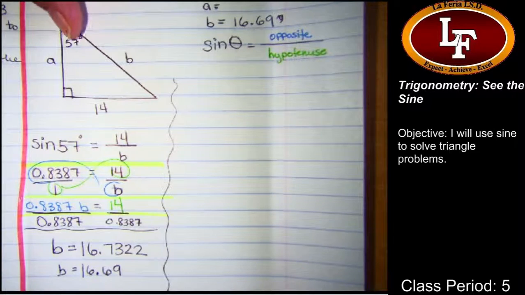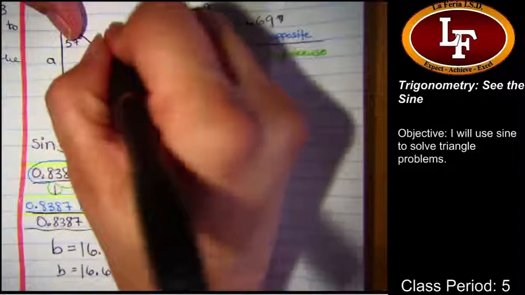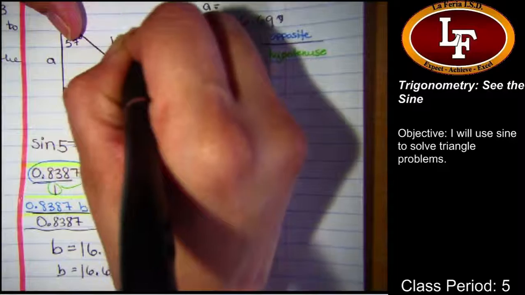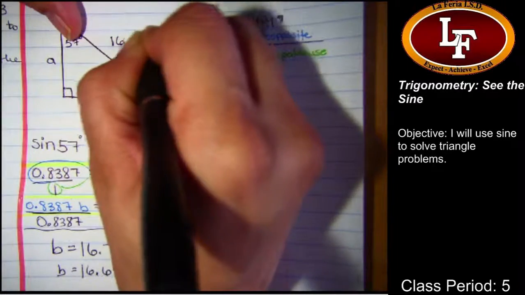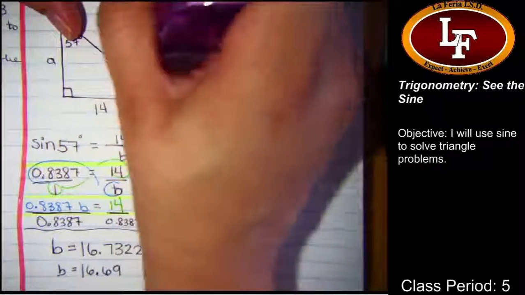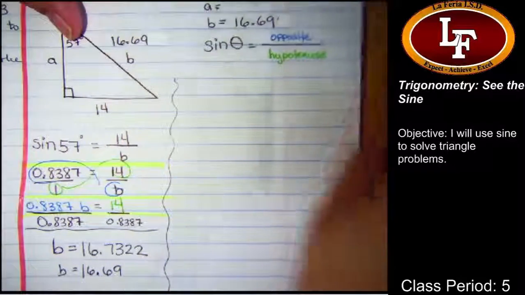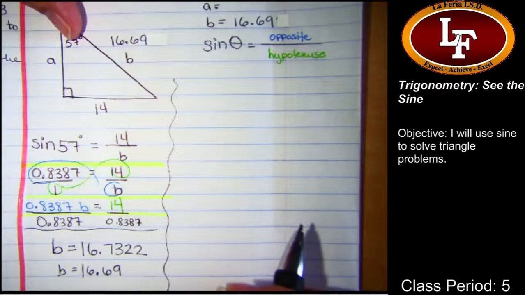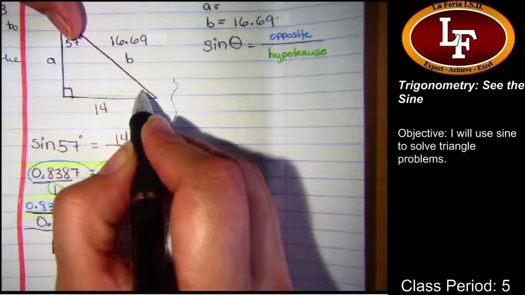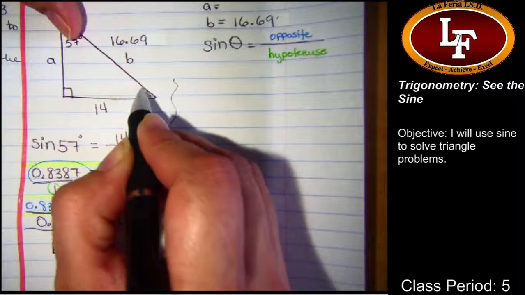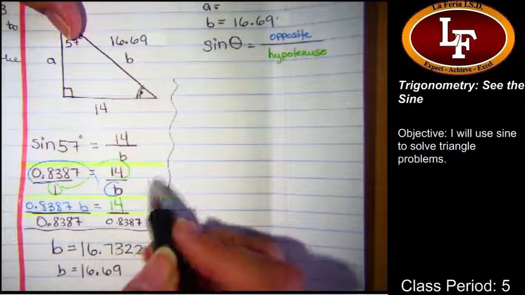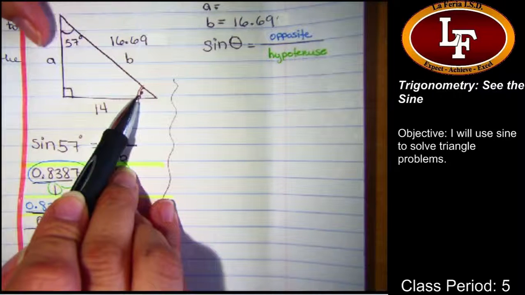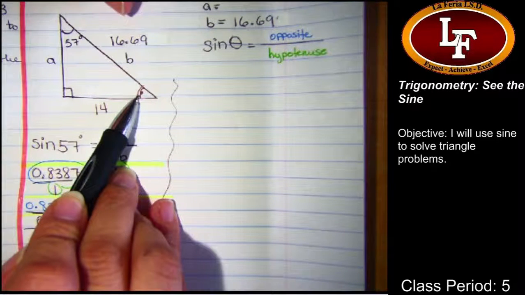But if we use this angle measure, we're not going to be able to do it using sine. But if I use this angle right here, I can use sine because it'll give me the opposite over the hypotenuse.